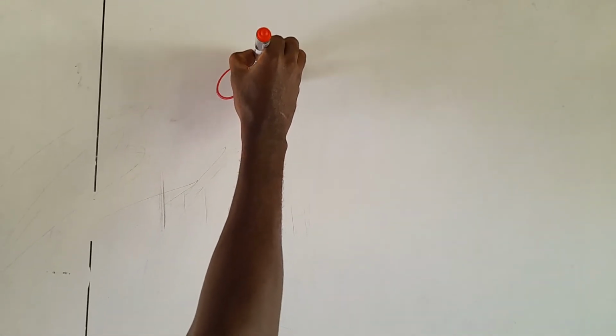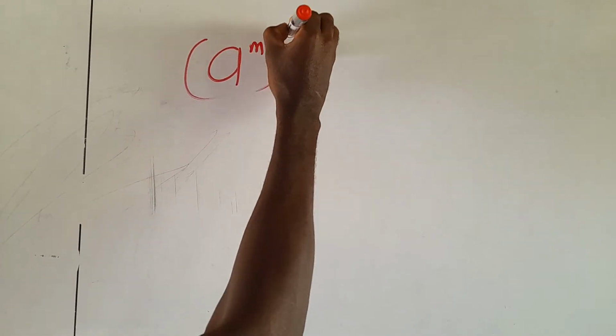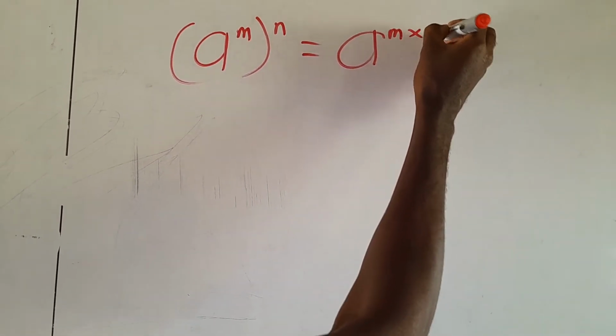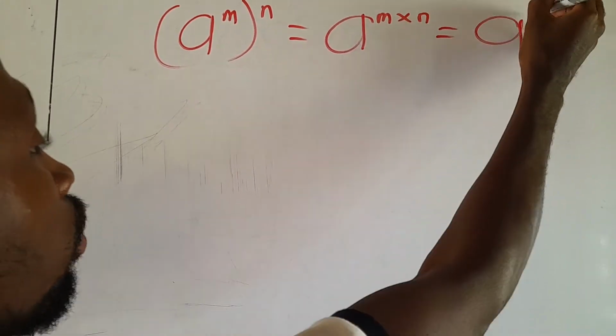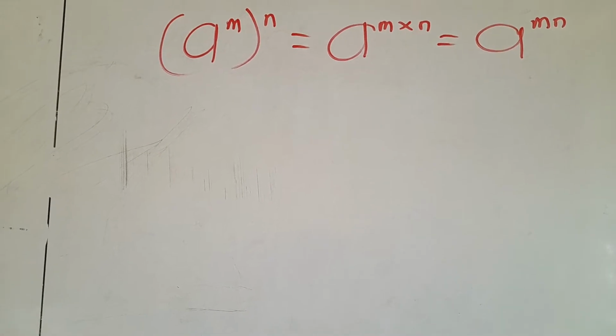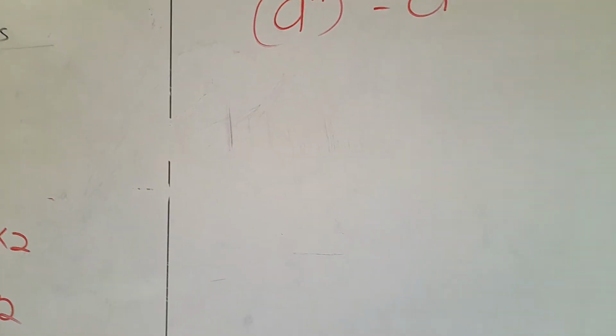So we can conclude that if we have a exponent m, all exponent n, it will be equal to a exponent m times n, which is a exponent mn. Please take notice of it. It's very, very important.